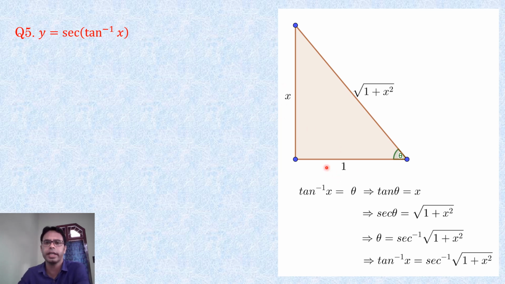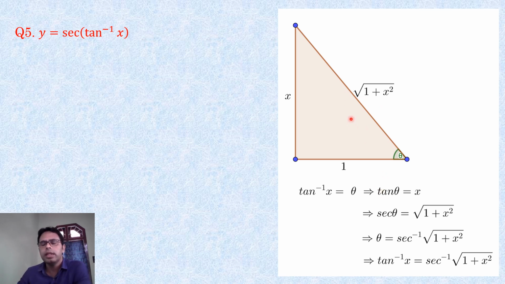This is the shortcut technique actually. So we can find the hypotenuse, and that is root over x square plus 1, this one. So this is the hypotenuse.